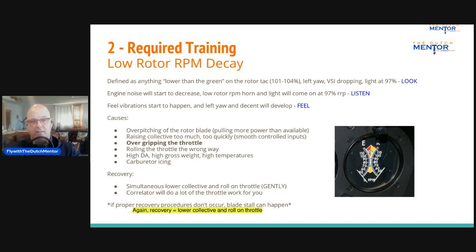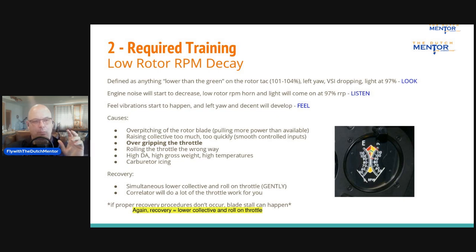We can see that the vertical speed indicator is dropping. In other words, we're losing altitude because we're not creating as much lift. The light will come on at 97 or below. We can hear it, because the horn is supposed to go off at the same time. And we can feel the vibration. We can hear the engine change pitch as well.